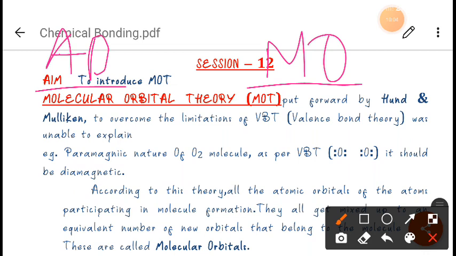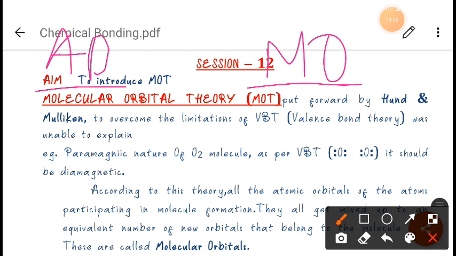But molecular orbitals are usually obtained by the combination of atomic orbitals of the combining atoms. Okay. In the last, atomic orbitals possess high energy and are less stable, whereas bonding molecular orbitals possess lesser energy and are more stable.